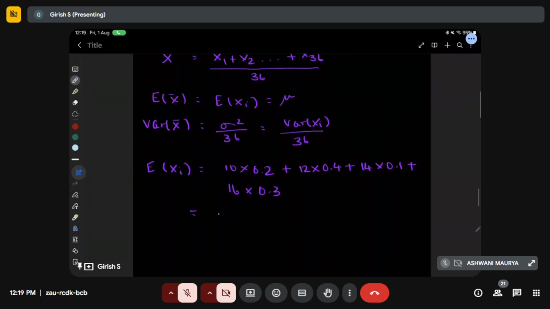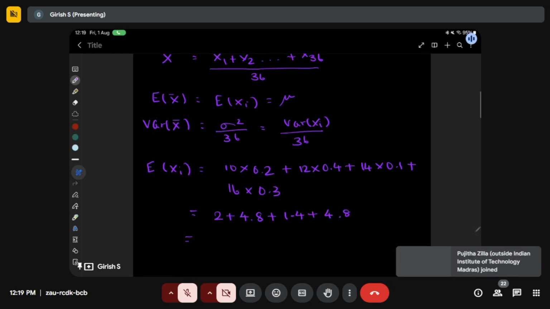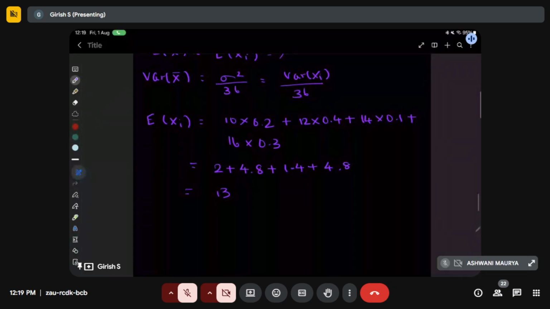If you solve this, this is 2 plus 4.8 plus 1.4 plus 4.8. So this will give you what? 4.8 plus 4.8 is 9.6, 9.6, 11, 12, 13, right? This is 13.